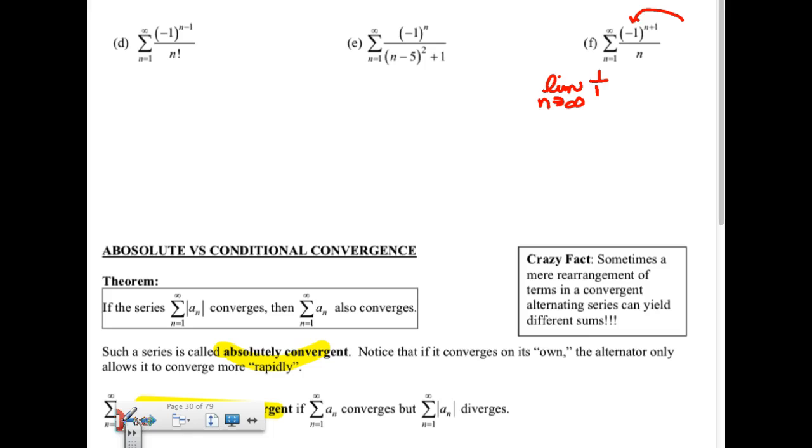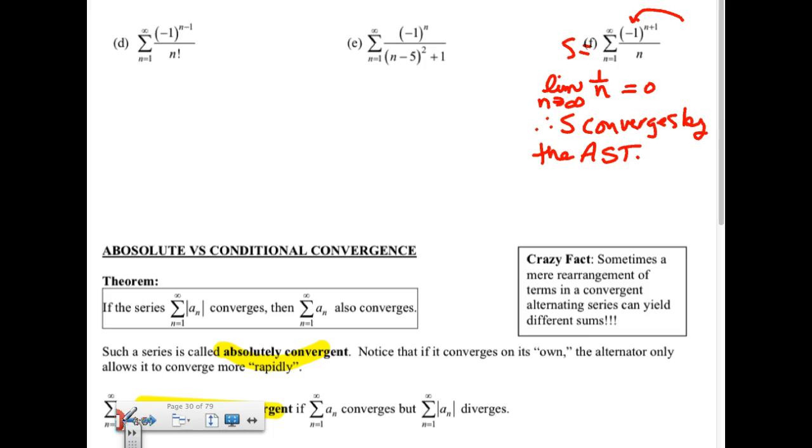So I do 1 over n. That limit goes to 0. So I would say, therefore, this series converges by the alternating series test.